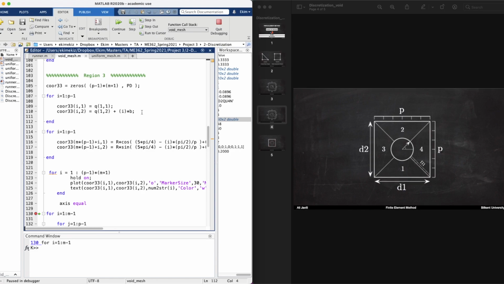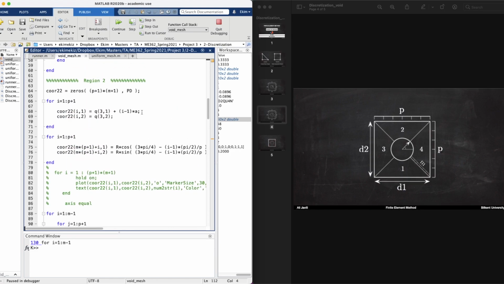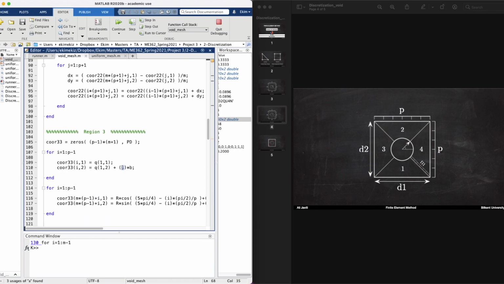But if we compare it with region 2, for example, it was i minus 1 times a. This time it's i times b, because that minus 1 made it such that at the first iteration, when i is 1, we are calculating the coordinates of the first node on the diagonal.